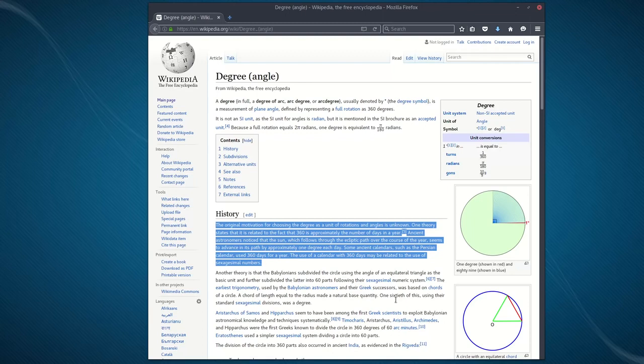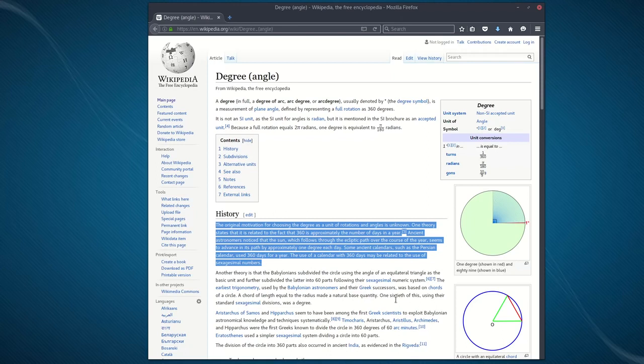Ancient astronomers noticed that the sun, which follows the ecliptic path over the course of the year, seems to advance in its path by approximately 1 degree each day. Some ancient calendars, such as the Persian calendar, use 360 days for a year. The use of a calendar with 360 days may be related to the use of sexagesimal numbers." Ooh, butchered that one. The answer is all right there.